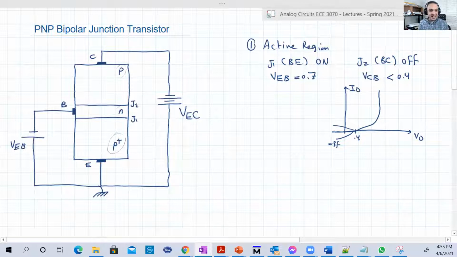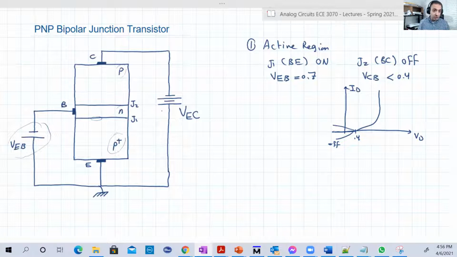And look at the batteries. They are flipped as well. VEB is in that direction so that J1 is forward and on, and VEC between the collector and the emitter is in that direction. It's also flipped, so that the junction between the base and the collector can be controlled to be off.